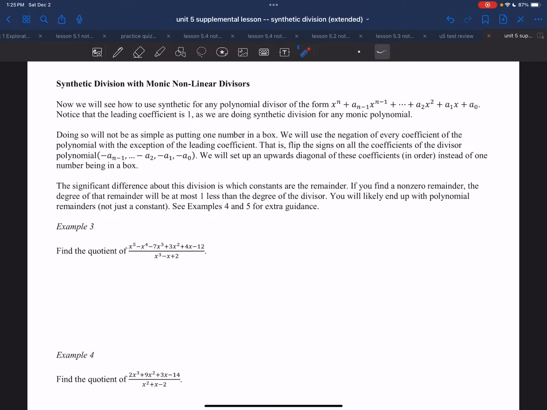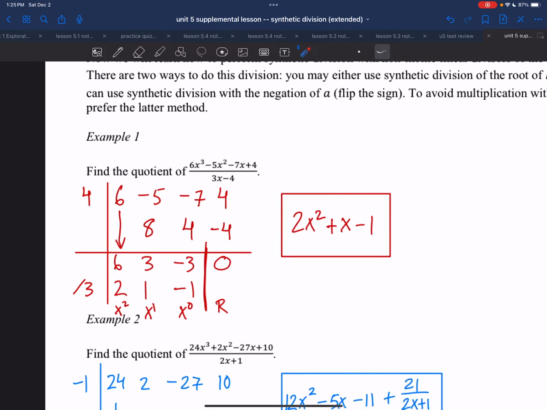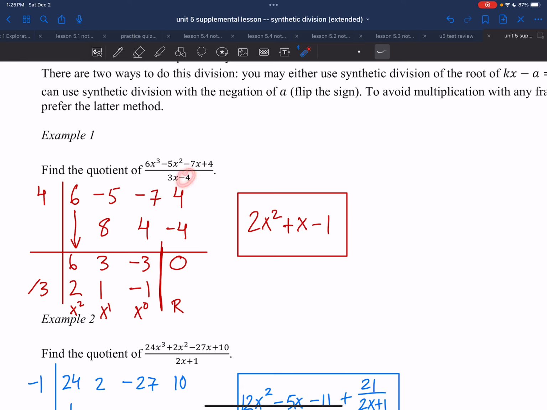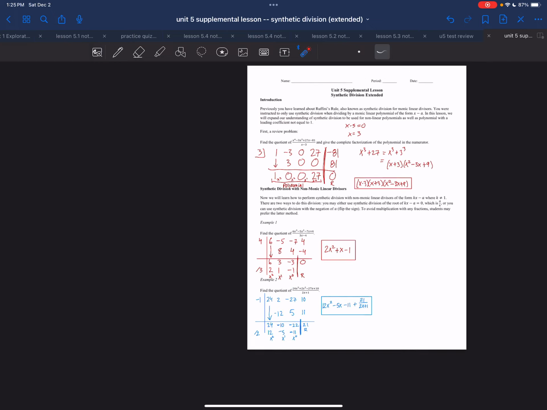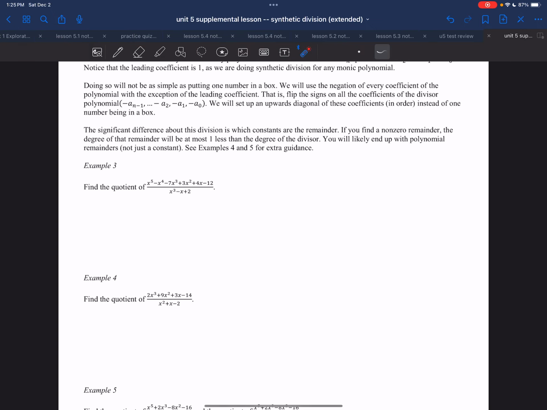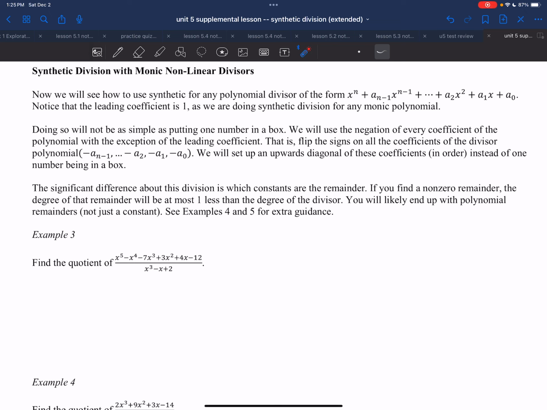So the same way you negate the sign of the constant, right? Back here, you take -4, you flip the sign, you make it +4. Down here, you took positive 1, you flip the sign, you make it negative 1. What you're going to do with terms that have more than 1 is you're going to flip the signs of all coefficients, but ignore the lead coefficient.